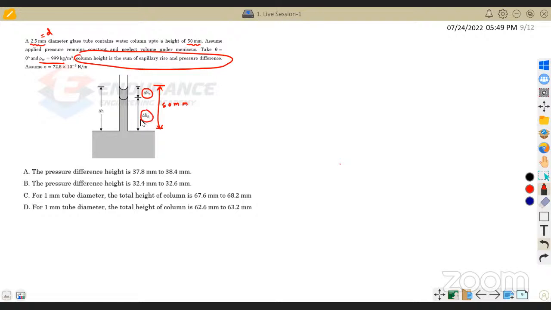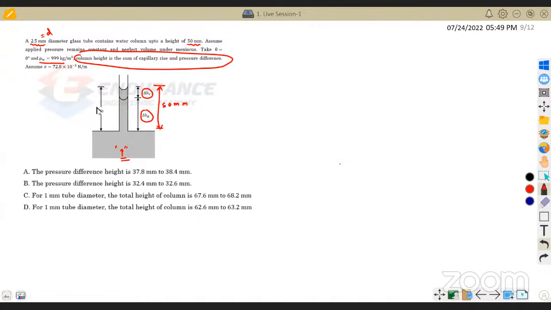The other one is due to pressure, because the fluid present here has some pressure. Due to that pressure, the fluid will rise. We know that very well. That is what we are studying in pressure measurement. So due to the pressure at this point, the fluid is going to rise. But here in this question, in addition to pressure, we have capillary rise also.